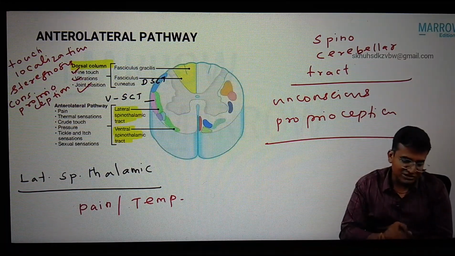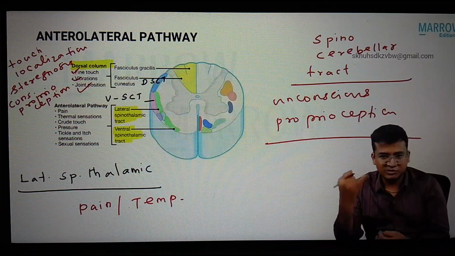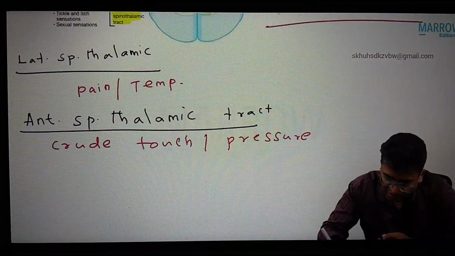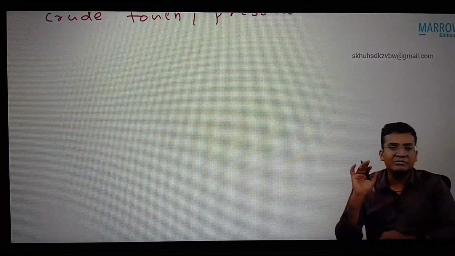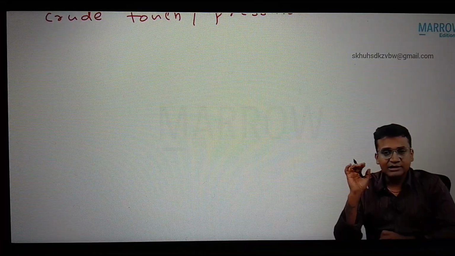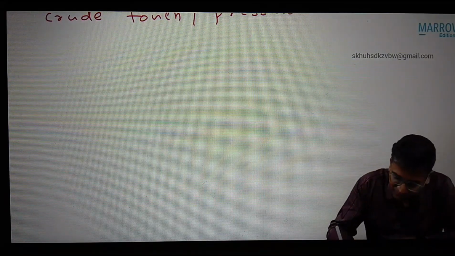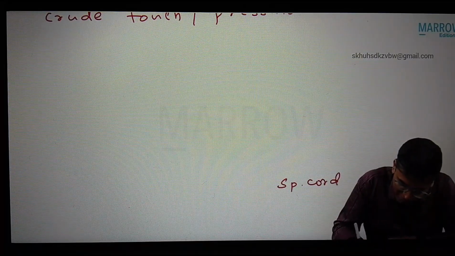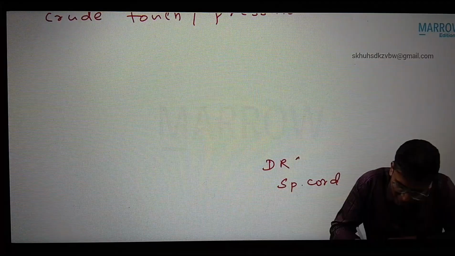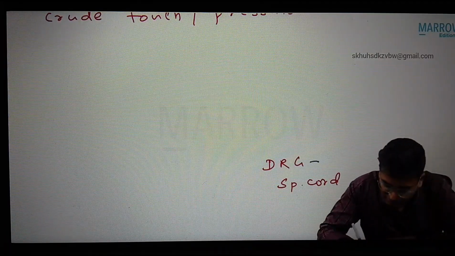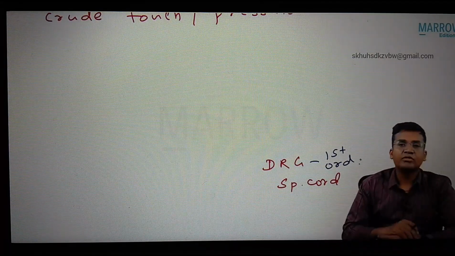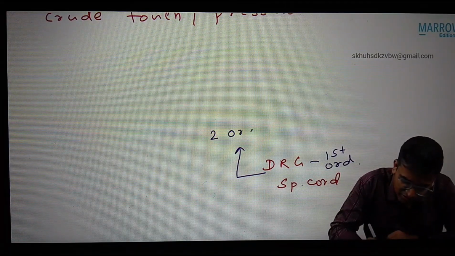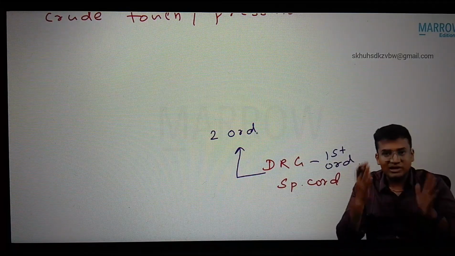Now next we're going to discuss all these tracts, one by one: spinothalamic tract, dorsal column tract, and spinocerebellar tract. The spinothalamic tract and the dorsal column tract start from the dorsal root ganglion in the spinal cord, and that is the first order neuron. From here, the fibers go to the second order neuron. I'm not writing the second order neuron specifically, just the basic outline.